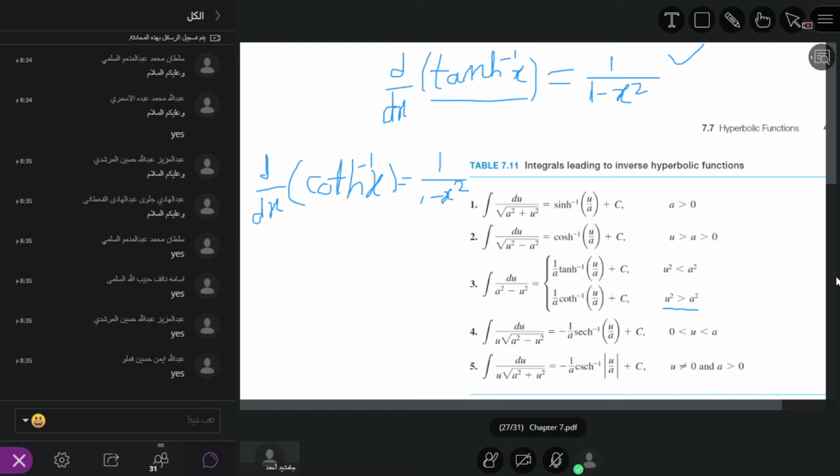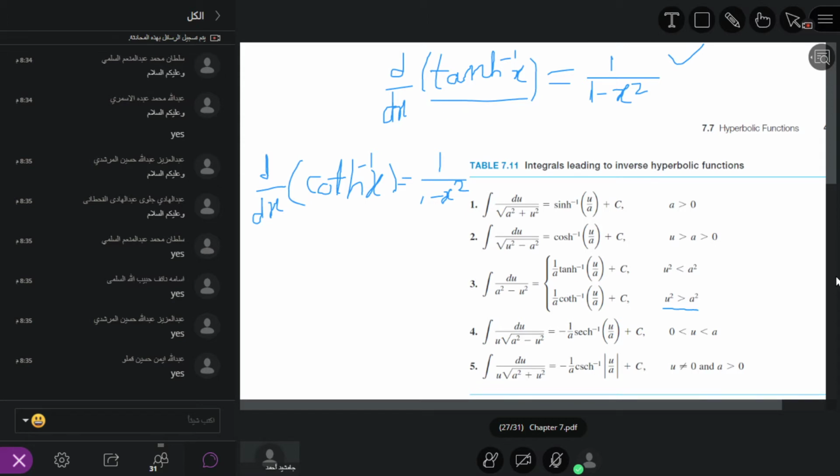In the next part, we have the fourth property, which is actually the fifth. Last time we discussed the derivative of sec hyperbolic inverse x also.